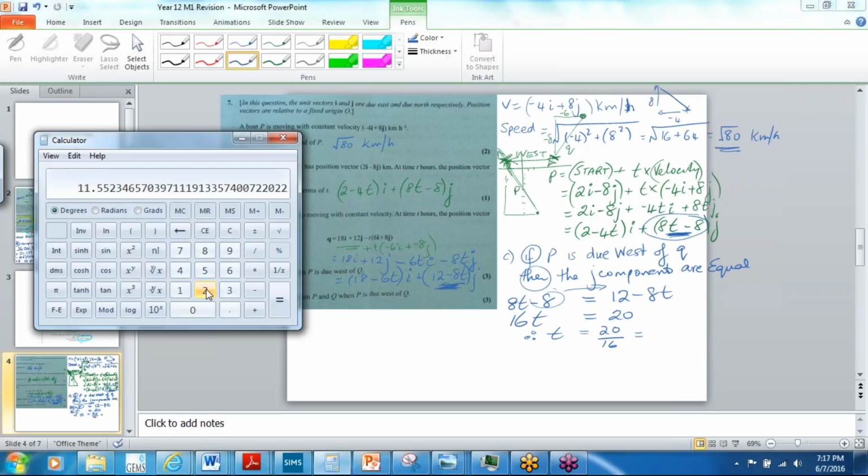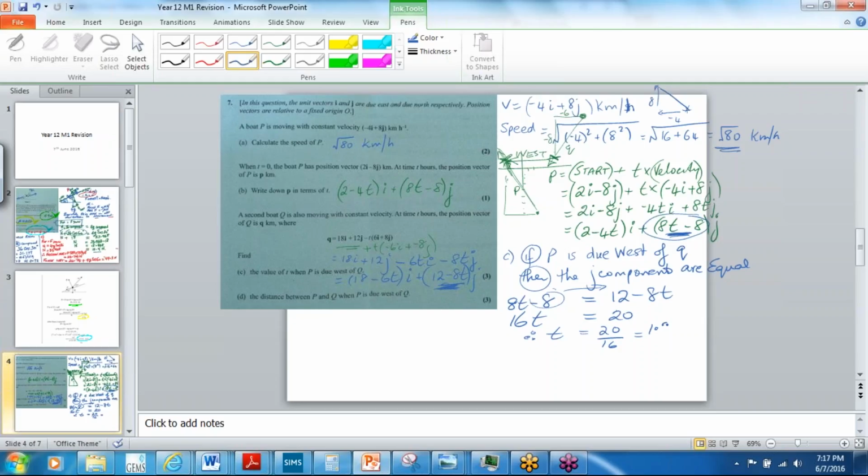And if you would like, you can turn that into a decimal value, 1.25 hours. So at the 1.25 hour mark, P is due west of Q. They asked to find the value of t. Therefore, part C, t equals 1.25 hours.